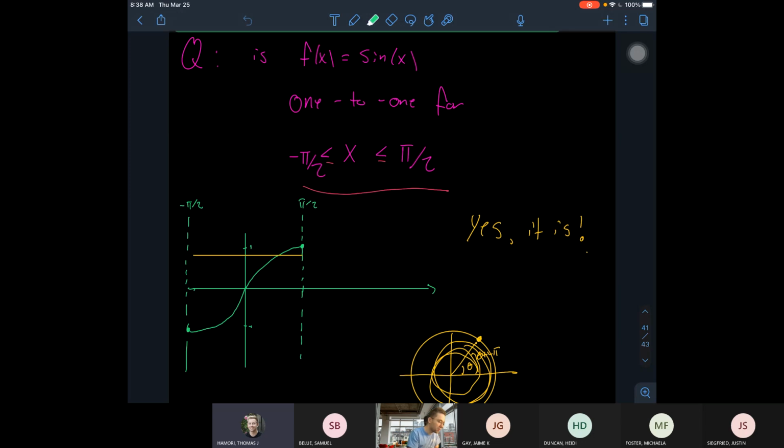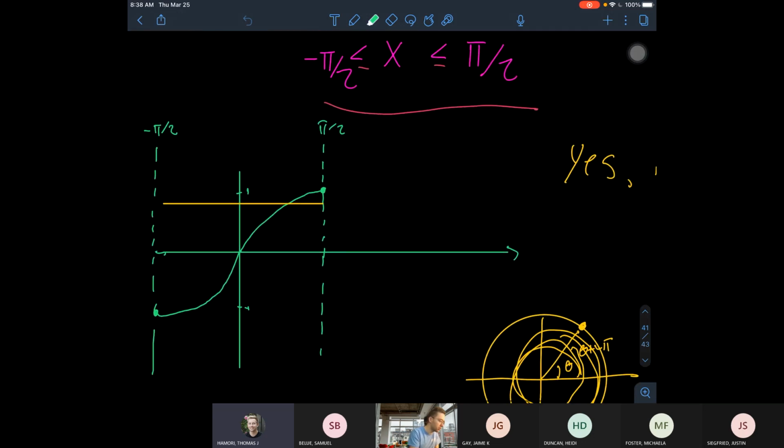So we just pick a piece of the sine function which goes from basically its most negative value at -1 and goes up, up, up until we hit our most positive value at +1. And then each y value in between is only achieved exactly once.